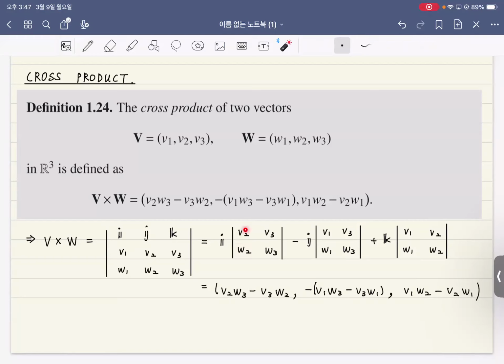If you remember the computation of the determinant of 3 by 3 and 2 by 2 matrices, then you can easily derive this formula from this notation.